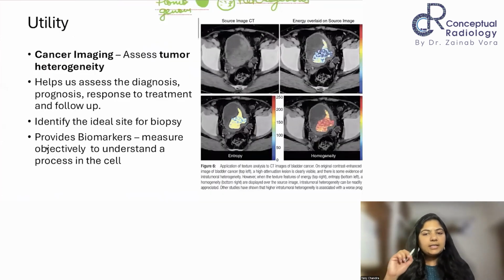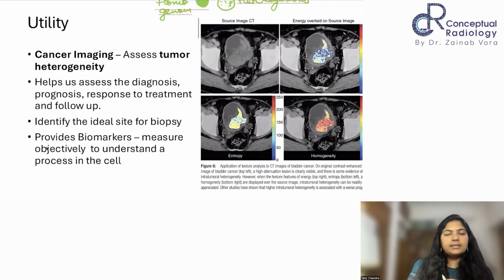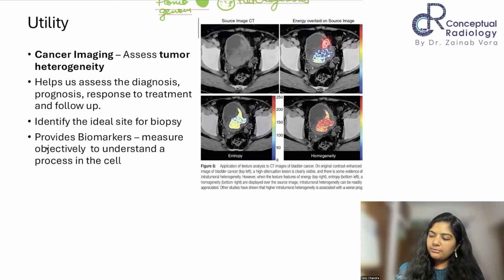So in cancer, what happens? We have to find out tumor heterogeneity, right? So there is a big mass, it has heterogeneous attenuation, and the characteristics are all heterogeneous. So the cells in this region are going to be different from this one, right?